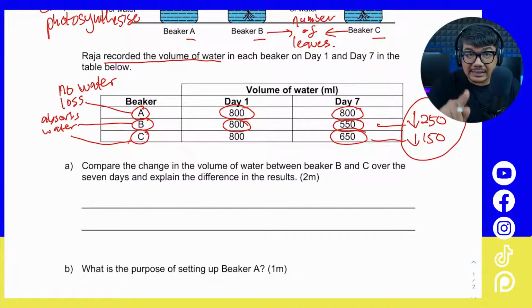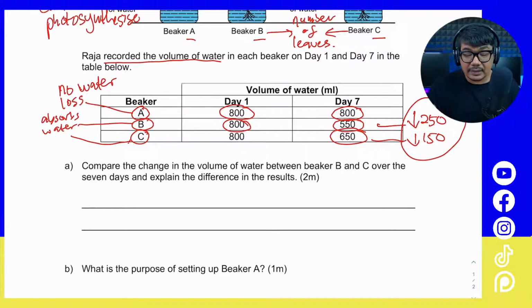To answer this question, you have to go back to the fact that the number of leaves in beaker B is more than the plant in beaker C. So in this case, the rate of photosynthesis would be higher in beaker B.